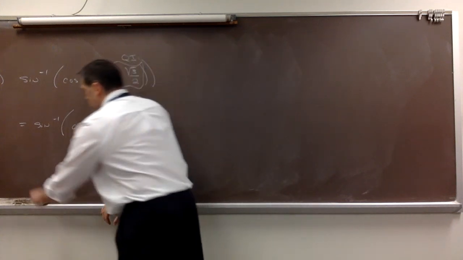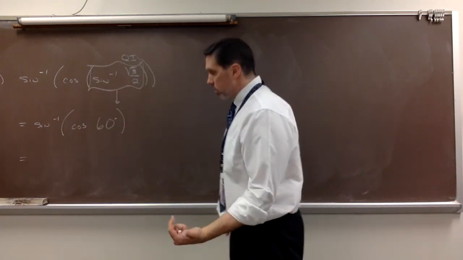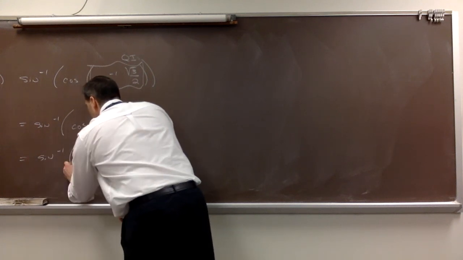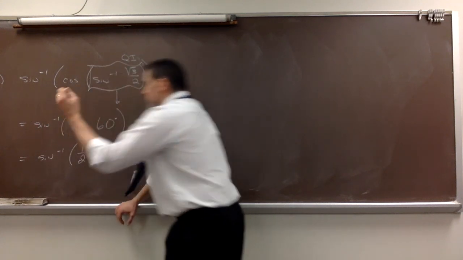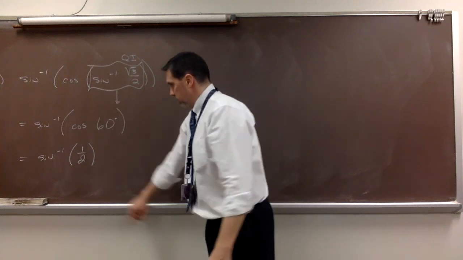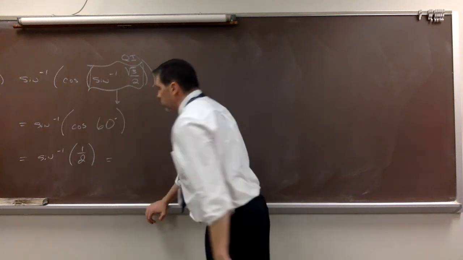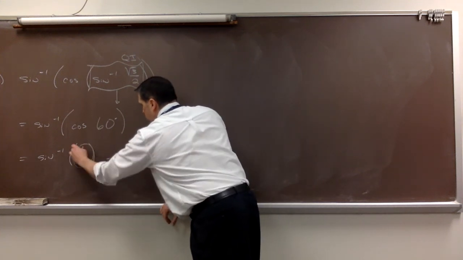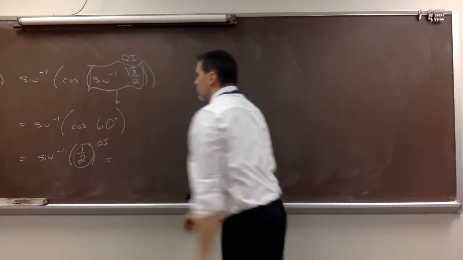Okay, the cosine of 60, right, doing the math, cosine of 60 is just going to be a half. So now we have the sine inverse of 1/2. The next step of the composition. Then sine inverse of a half. Again, this will be Q1, no problems there.